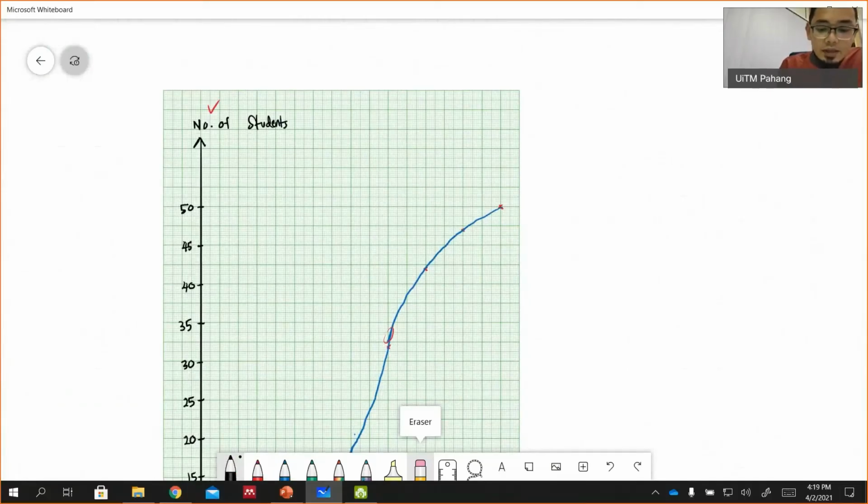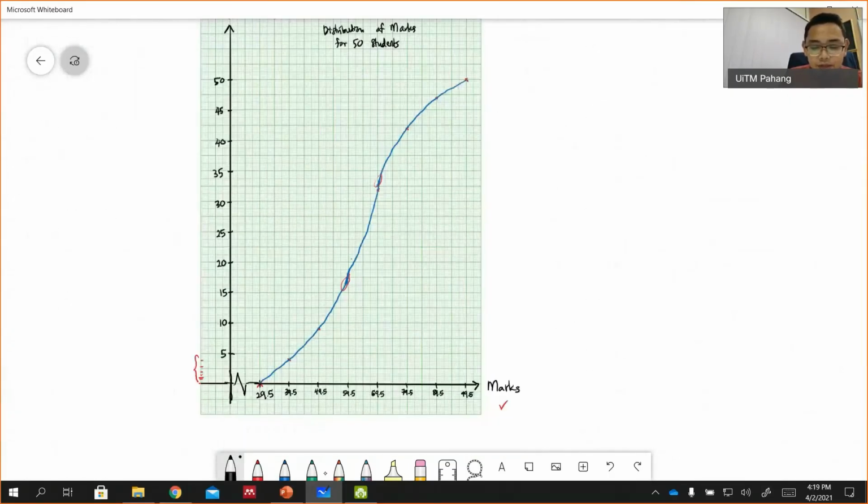Maybe you can say the distribution of marks for 50 students in a test or in an exam also. So please take note that you have something like this. Okay, so this is the ogive.